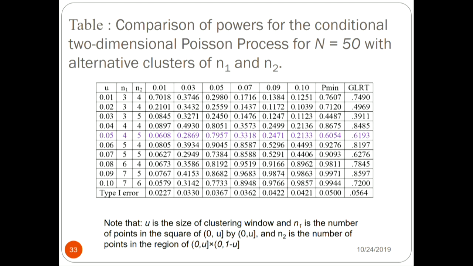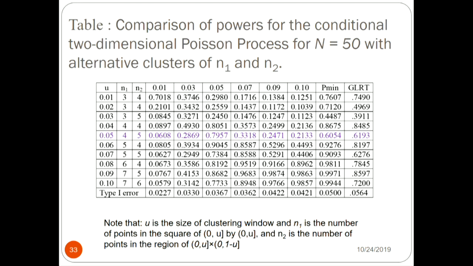Now suppose I use the right size of the moving window, the same size as the clustering size here. You can find that we have the highest power of the test statistic.